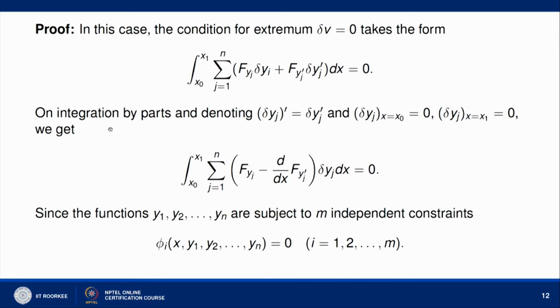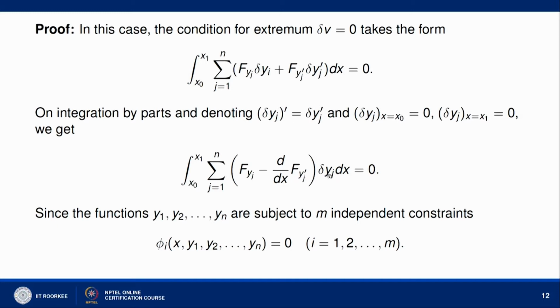So here we can simplify this and write the integral from x0 to x1 of the sum over j equal to 1 to n of f y j minus d by dx of f y j dash, times delta y j, dx equal to 0. If you recall the proof of Euler's equation, there we had a similar equation, and since delta y j are arbitrary, the summation has to be 0.